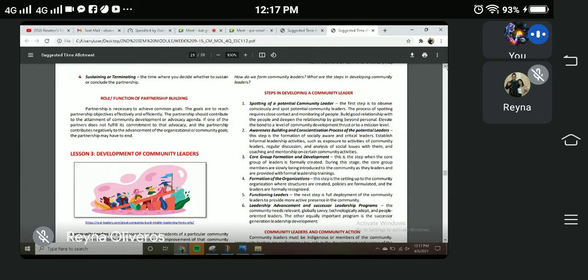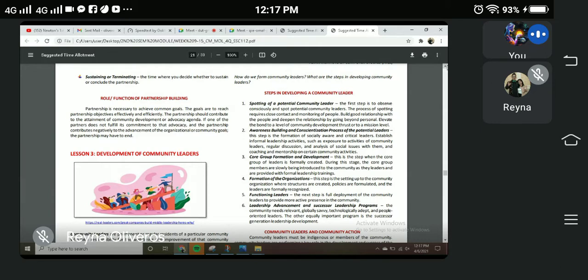Next, number 5 is functioning leaders. So, pag sinabi nating functioning leaders, the next step is a full development or deployment of the community leaders to provide more active presence in the community. Next, number 6 is leadership advancement and successor leadership program.